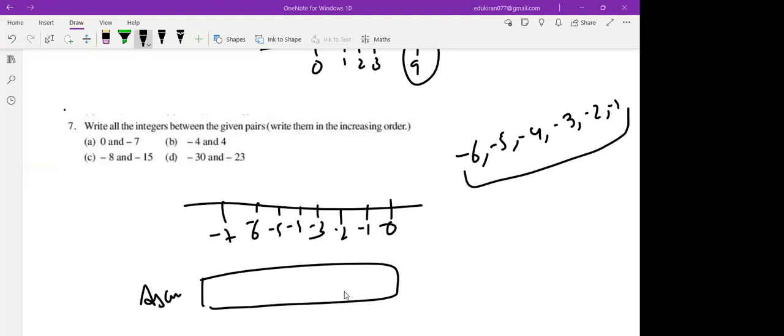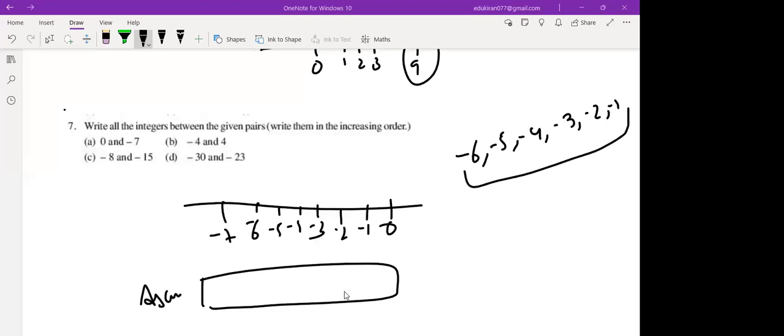Students, think about it. Ma'am, can I try? Ma'am, like minus 4, minus 3, minus 2, minus 1. Then 0, 1, 2, 3.